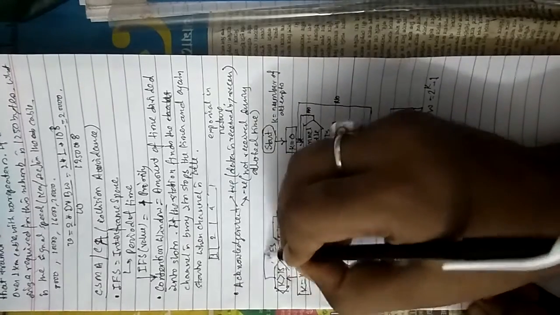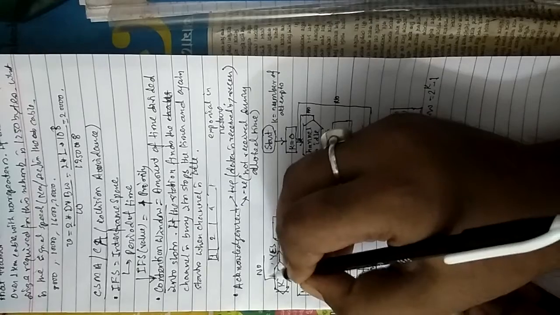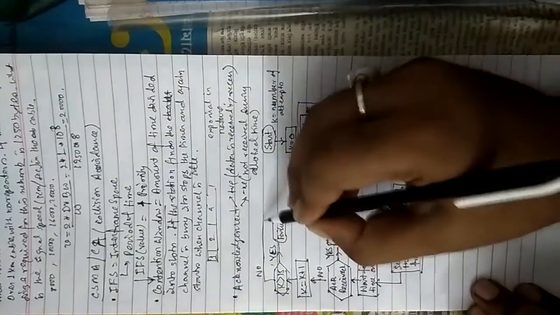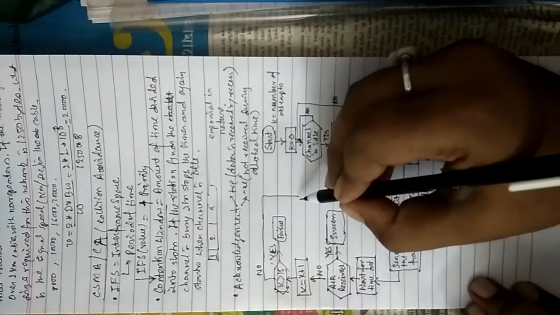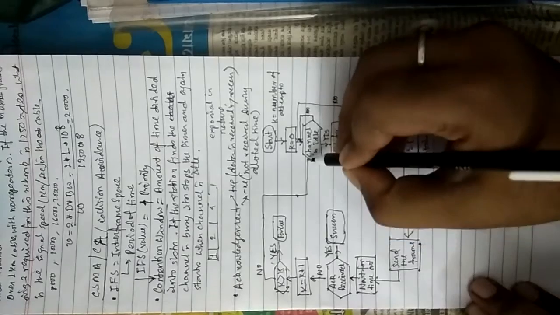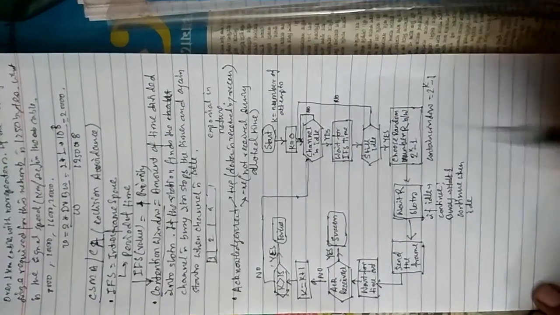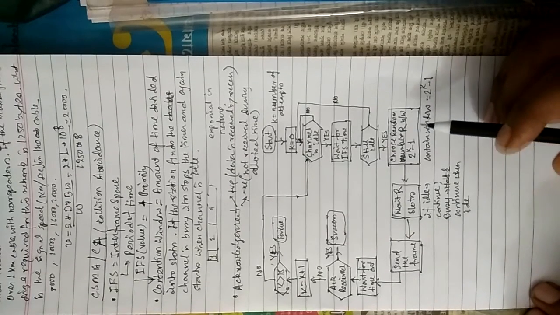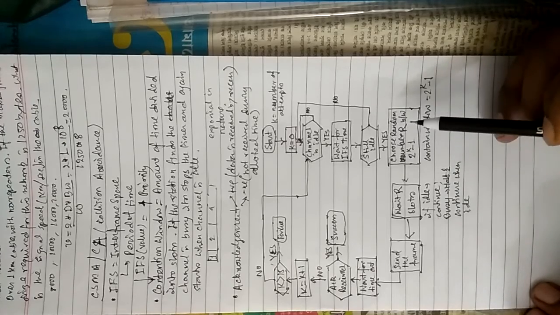And if it is still not, it is incrementing from k equal to 1, 2, 3, so it will again go from here to this part. Okay, so this is the diagram of the CSMA CA. This diagram is important for the exam, you should remember it. So this is all about CSMA CA.